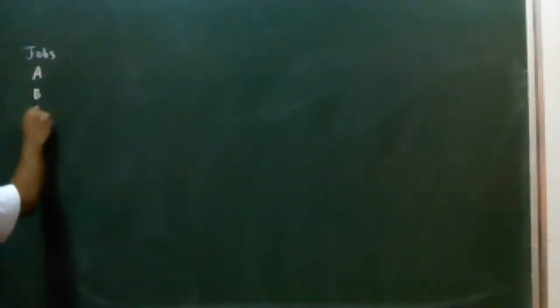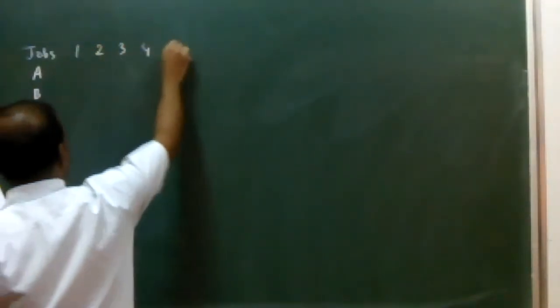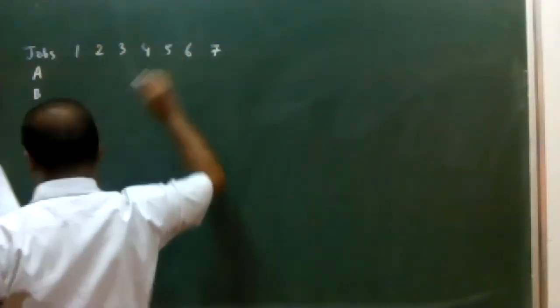Okay, let me take this question. Given jobs, there are three machines, machine A, B, and C, and the jobs are 1, 2, 3, 4, 5, 6, and 7.